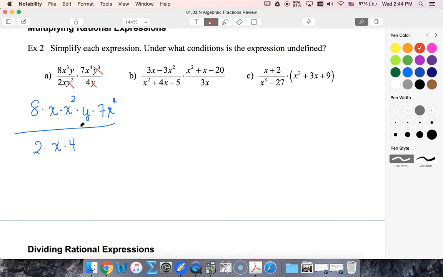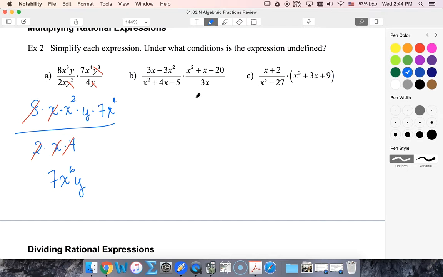Well, now I've got another 1, x divided by x, and of course 2 times 4 is 8. So once I've done all my simplifying, then I'm going to find my product. x squared times x to the 4th is x to the 6th. I'm going to put constants in front though: 7x to the 6th y. And I have no more denominator.